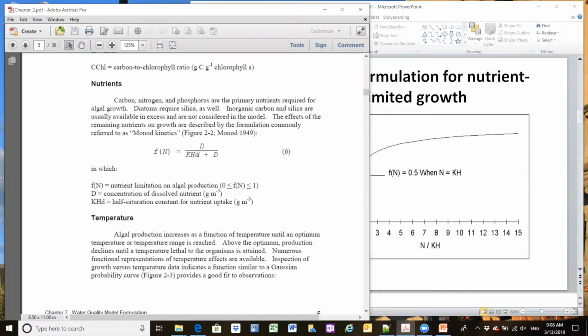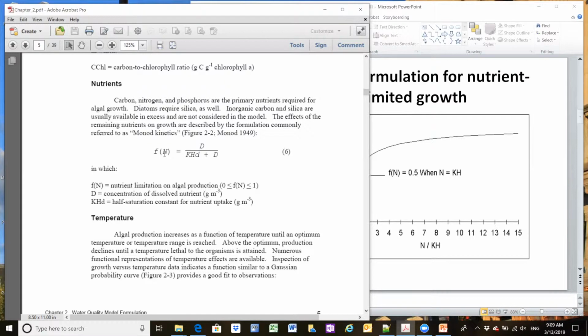And once again, if D in this case is the nutrient concentration and KH equals D, then this function is exactly 0.5. If the nutrient concentration D is much, much greater than KH, Fn approaches 1, which is to say there's no nutrient limitation. If D is much, much less than KH, then Fn diminishes, and that's what's shown on this curve.